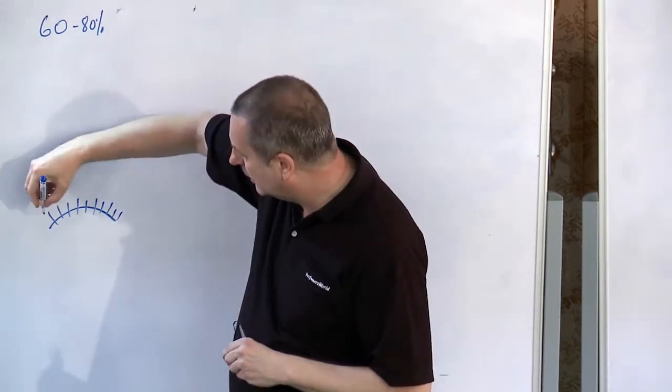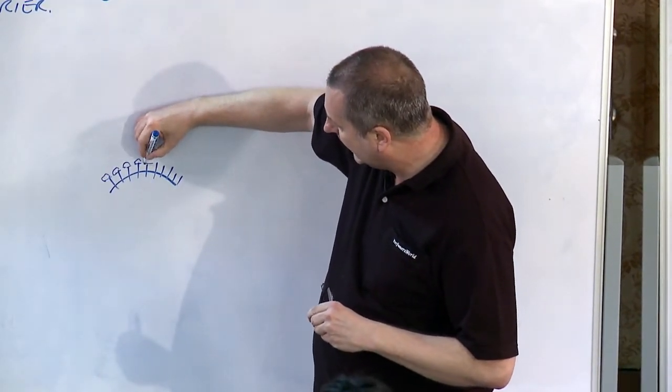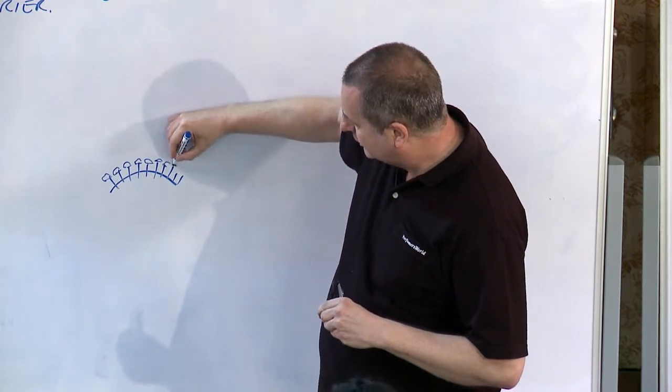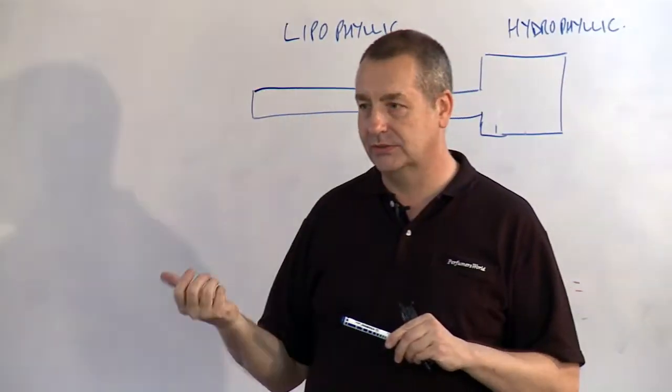Because of these little hydrophilic or water-loving heads, to the water, it looks like water. So the water can pull the grease off of the hair. That's how a surfactant works.